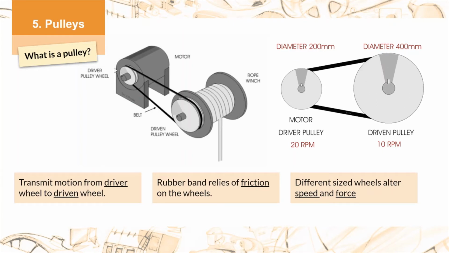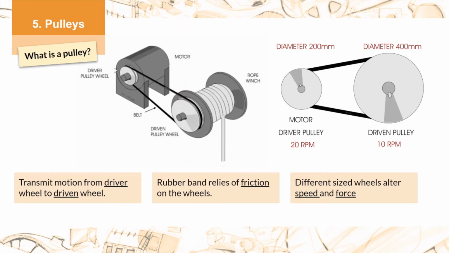So we know what that is. It's using the friction on the wheel when it's spinning around. And what do we need these for? Well, they can transmit motion, but they can also alter the speed and force of that motion. So if I have a large wheel attached to the motor, attached to a small driven wheel that's 10 times smaller, it will spin 10 times faster.